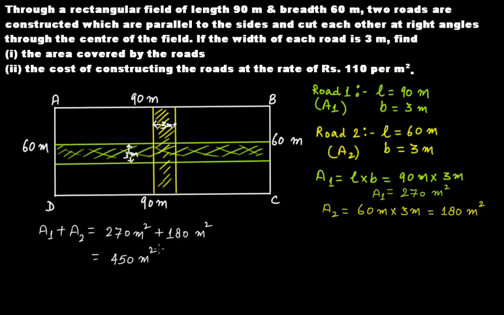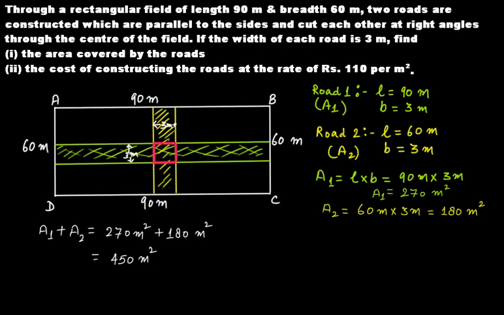But here is the thing, when you look at this crossing of the roads, you can clearly see that this much area is actually common. This area is common, right?